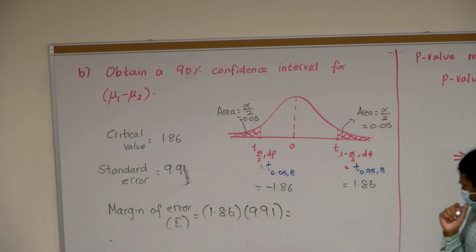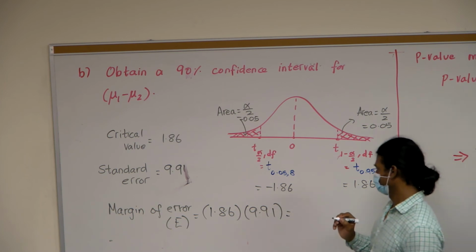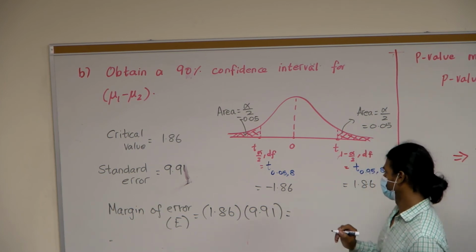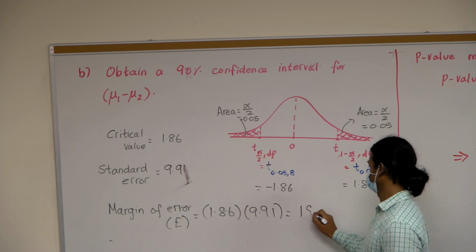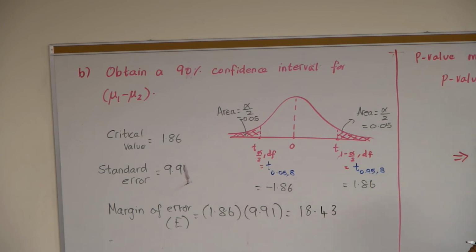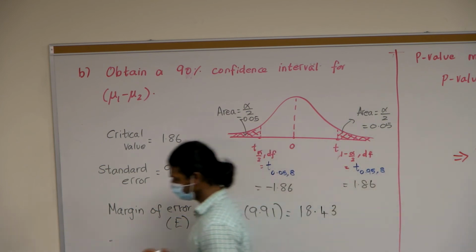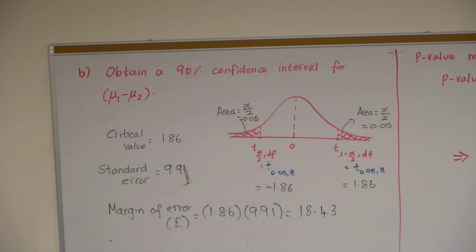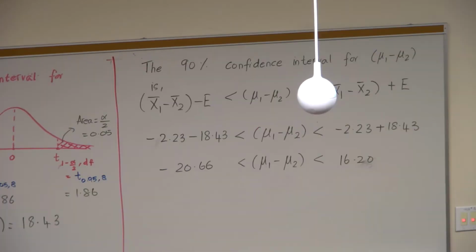Which is 18.42, 18.427. We'll call it 18.43. Good.